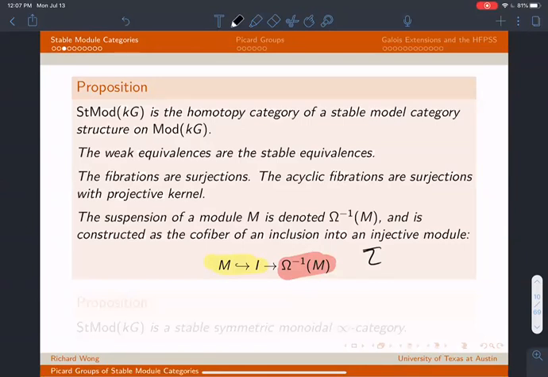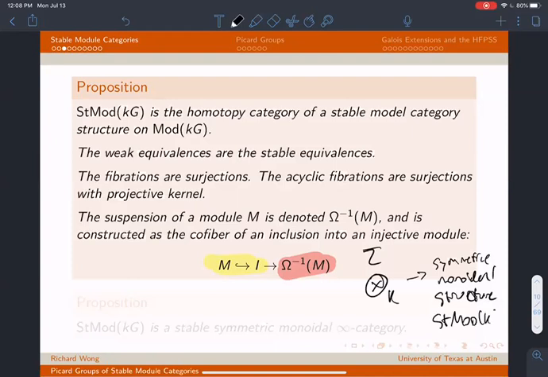There's also a notion of tensor products in KG modules. You can tensor over your field K, and this also gives you a symmetric monoidal structure on KG modules, and so on the stable module category.